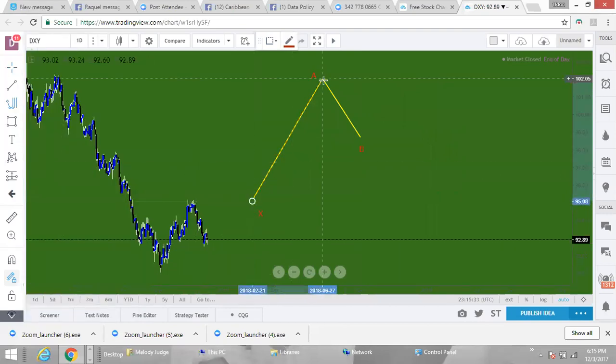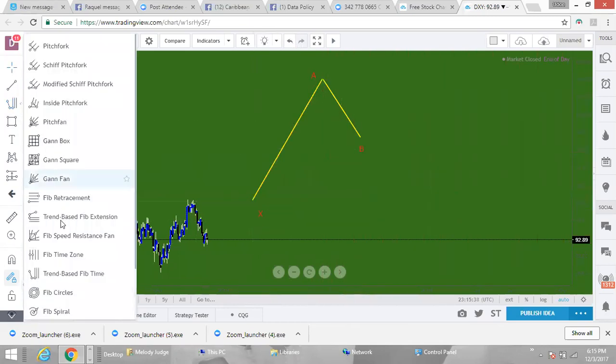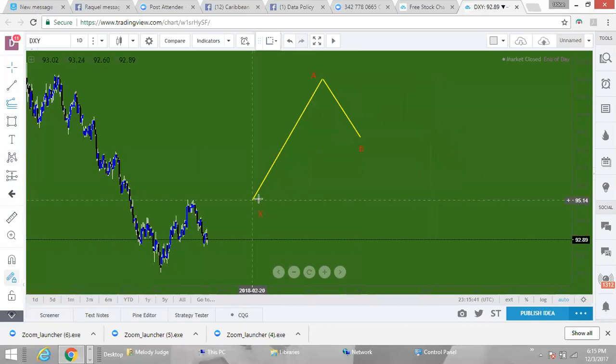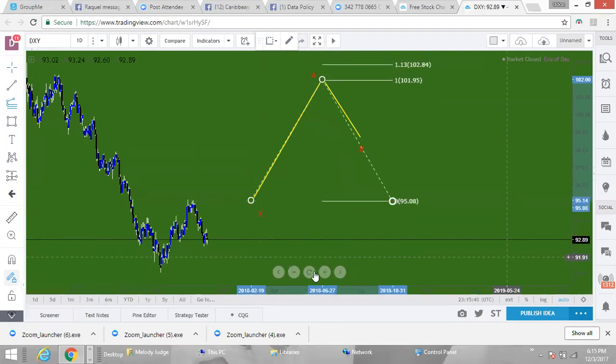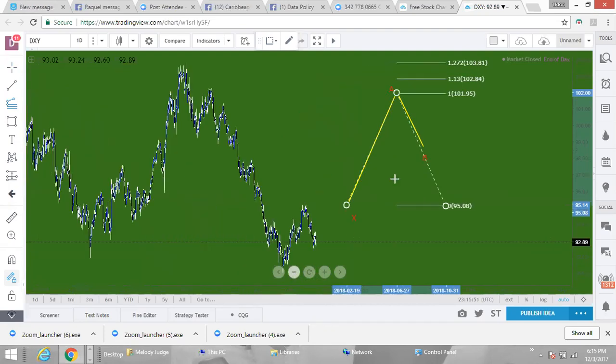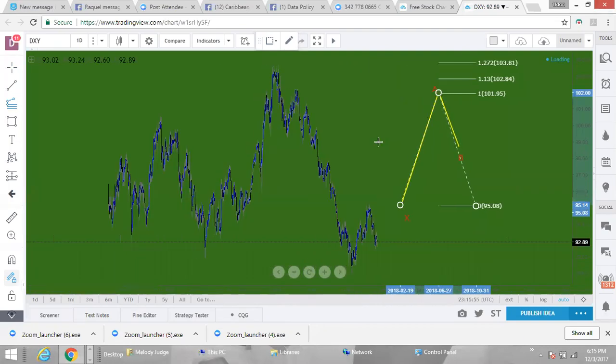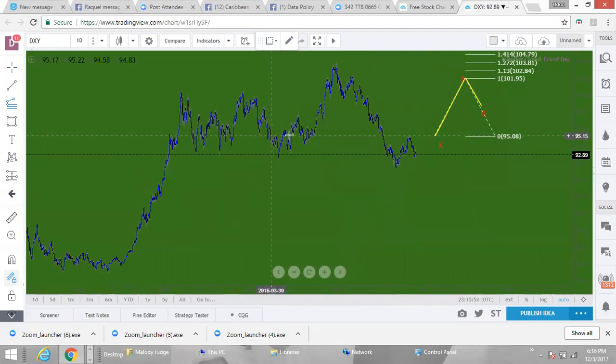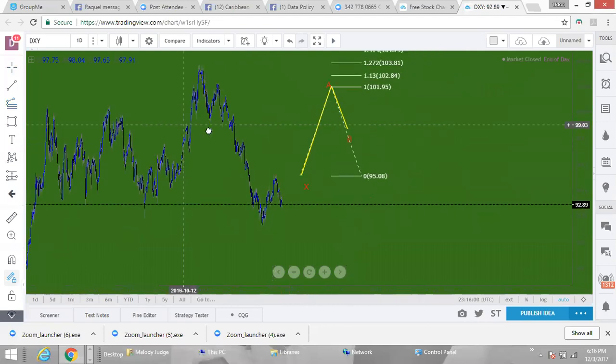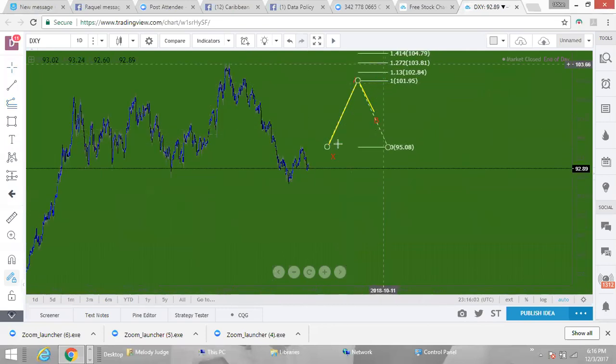We're going to go from X to A, back down to X, wrong tool, X to A, back down to X, and I ran out of real estate. We're looking for a 127 extension, and you can see the 141 up there. I apologize, I can't make my screen smaller for some reason.